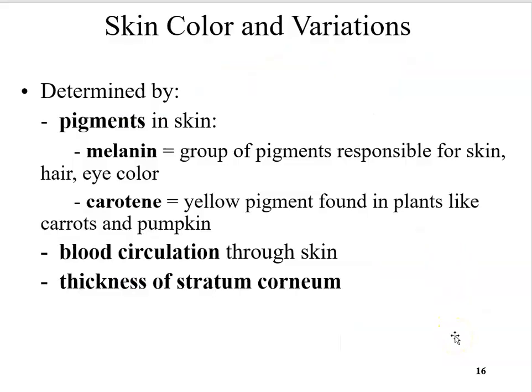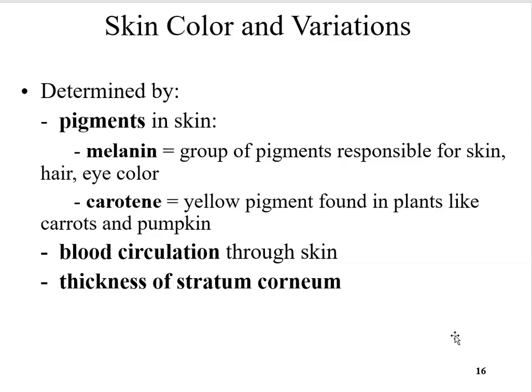Now, quickly before we move down, we have skin color. This is determined and influenced by pigments in the skin. The major player here is melanin, which isn't just one pigment. It refers to a group of pigments that are chiefly responsible for skin, hair, and eye color.